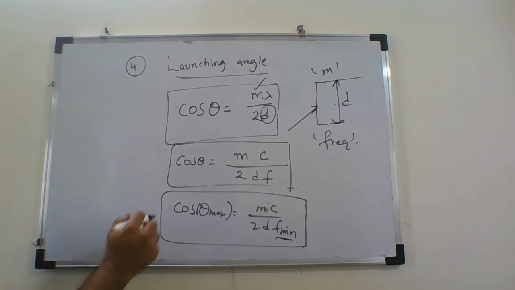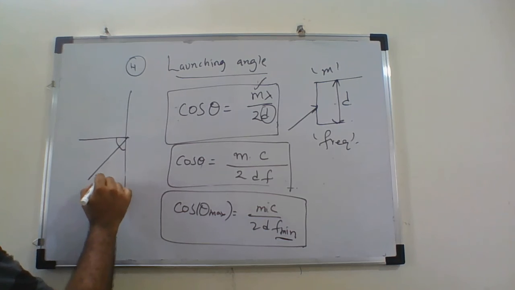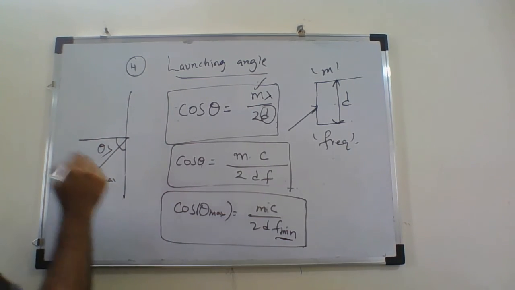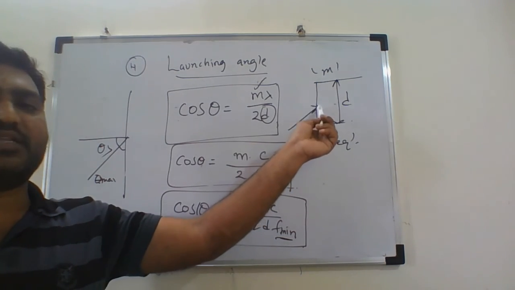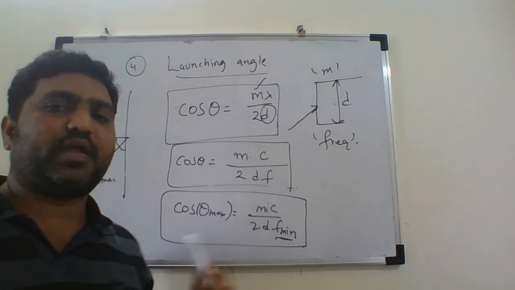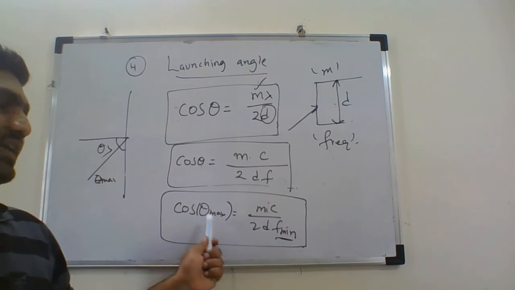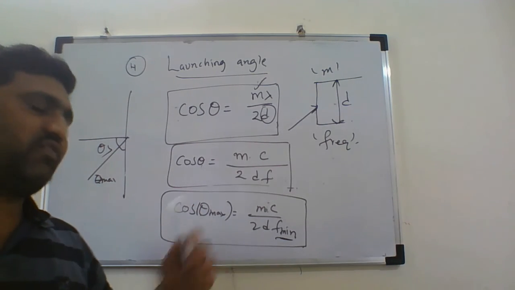If my launching angle is more than this theta max, then for a given mode it is not possible to propagate inside the waveguide. The wave cannot propagate in the given mode for the planar waveguide if the launching angle is more than this theta max for a given frequency.